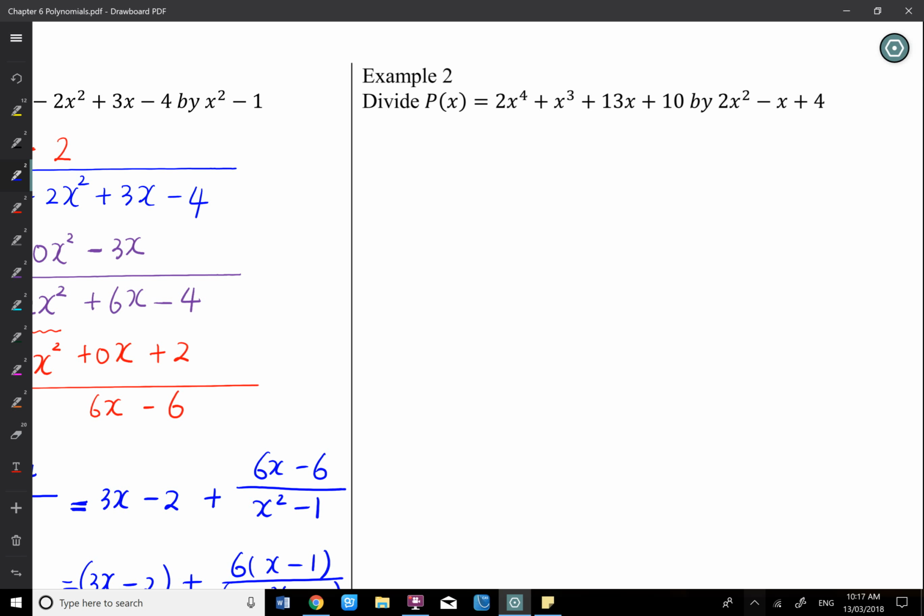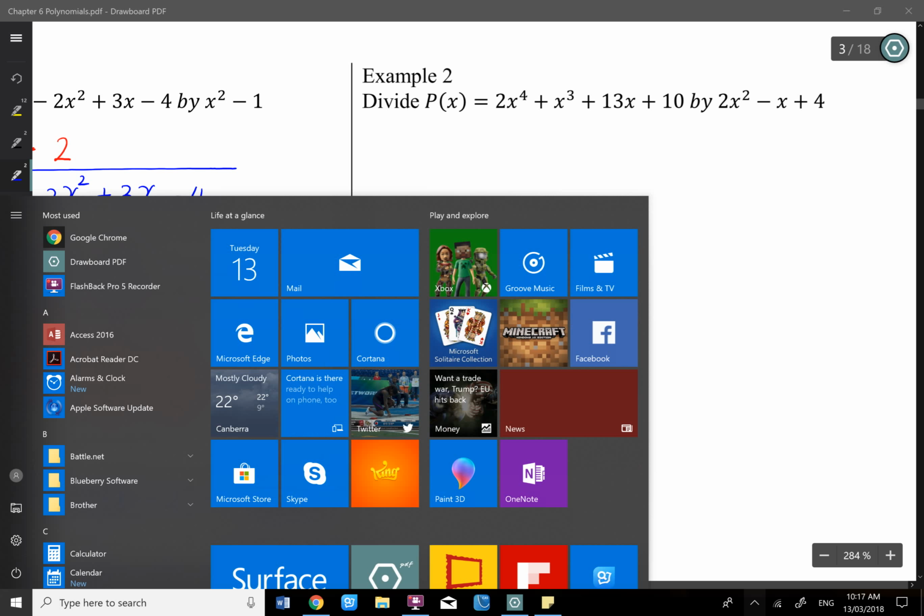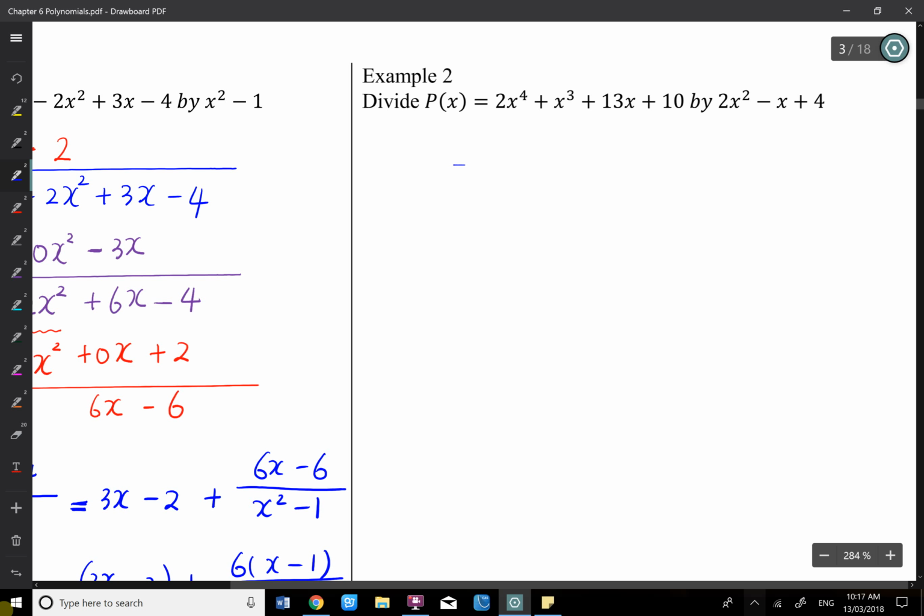Just to show you one more example here. A quartic divided by a quadratic. 2x to the power 4, and then we have power 3. We don't have power of 2. Can you see that? We don't have power of 2.